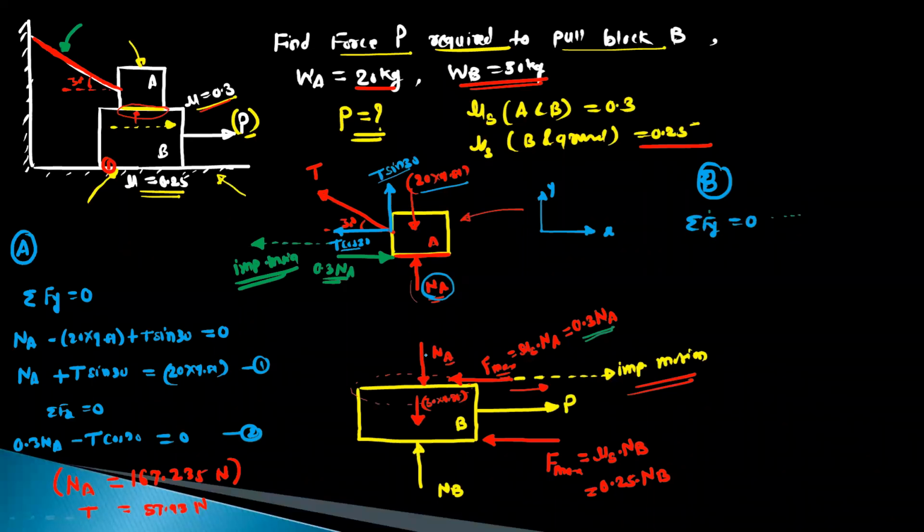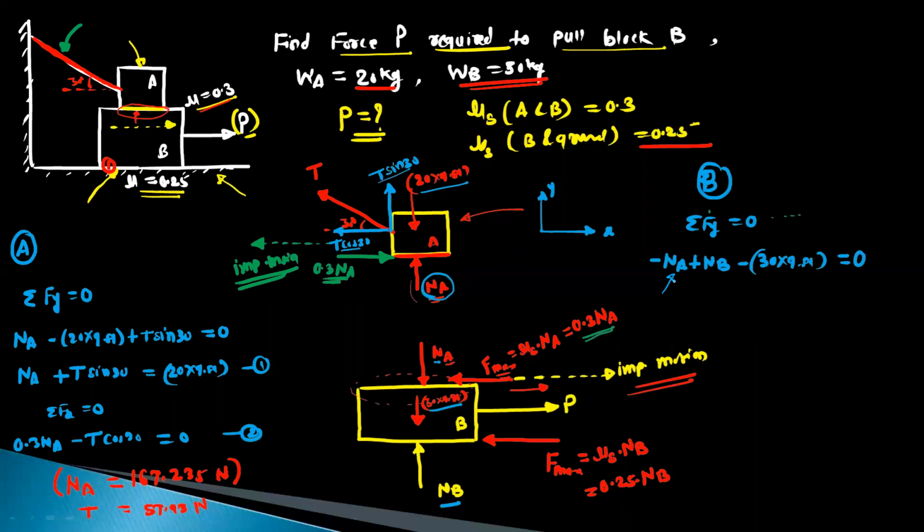We have the normal reaction NA in the negative y direction, so minus NA, plus this NB, and the weight force, minus 30 into 9.8. Only three forces in the y direction, so this is equal to 0.